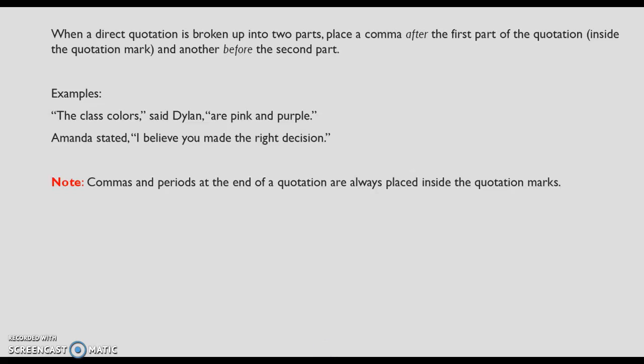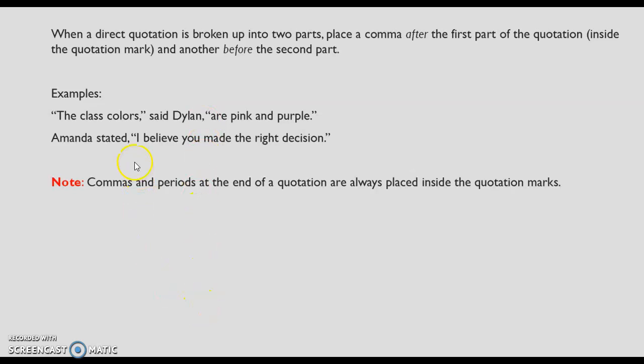When a direct quotation is broken up into two parts, place a comma after the first part of the quotation. That's inside the quotation marks, and another before the second part. Example: "The class colors," here we have the comma before "said Dylan," and then we have the comma after, "are pink and purple."